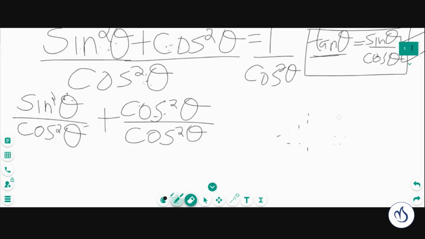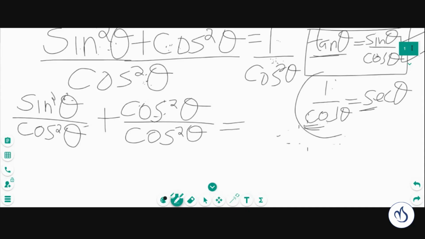A bit earlier on we said 1 out of cos of an angle theta is sec. So if I have here 1 out of cos in my identity, 1 out of cos is sec.